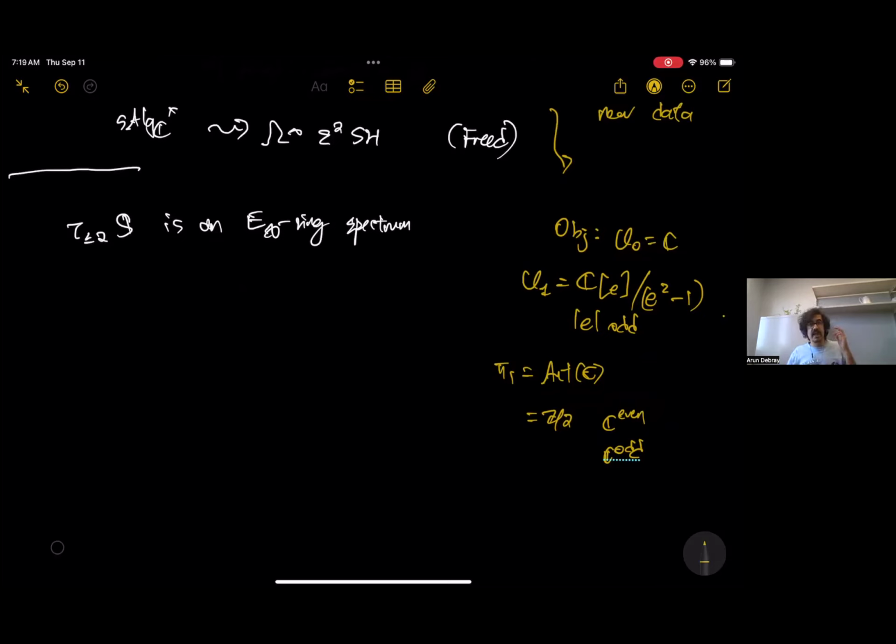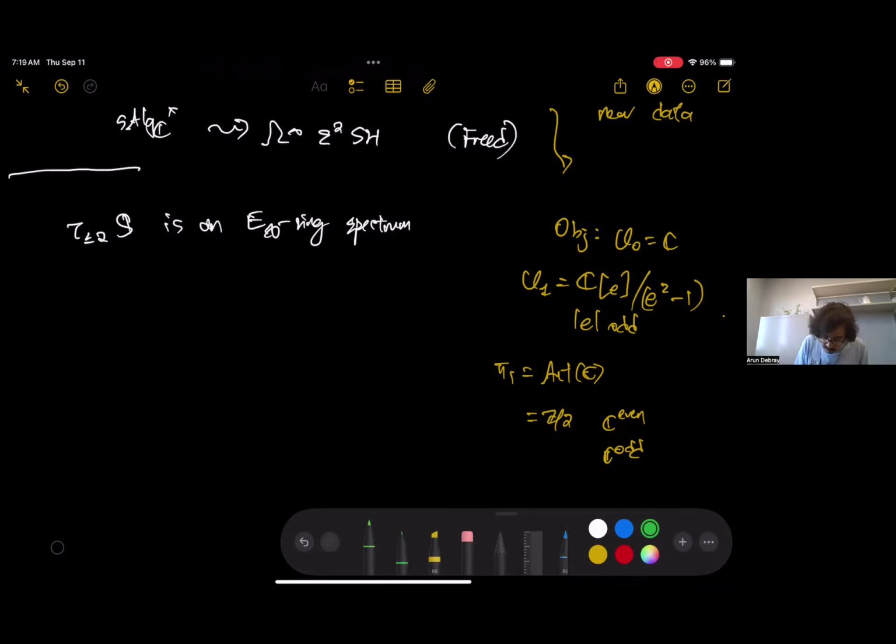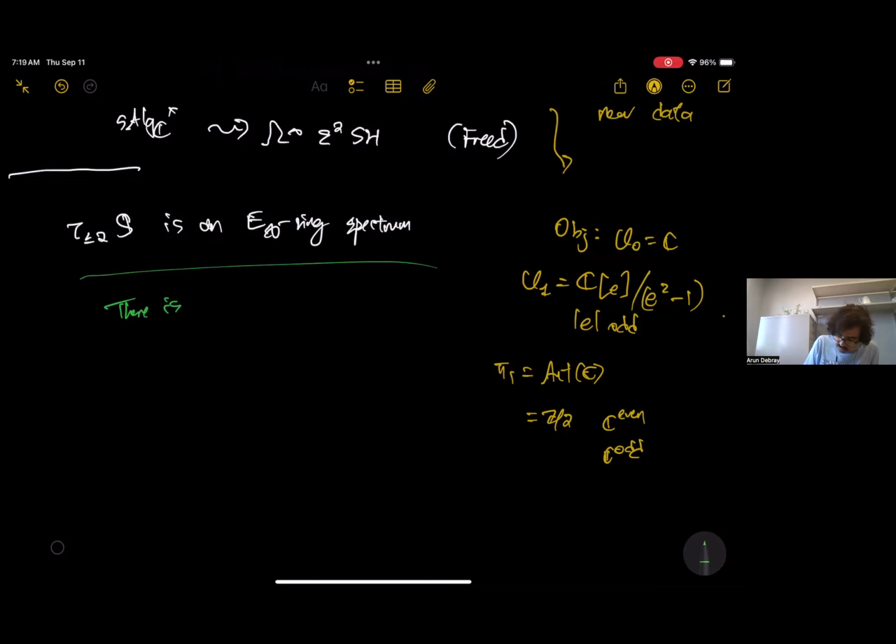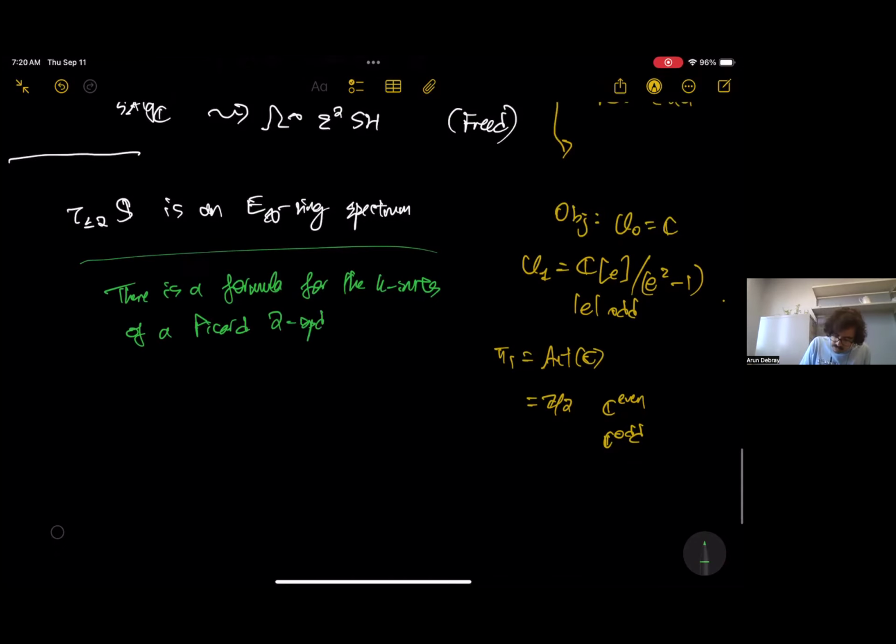If you have a Picard 2-groupoid, a symmetric monoidal 2-groupoid such that all objects are invertible, there's a formula for the k-invariants. It's due, I believe, to Gurski, Johnson, and Osorno.